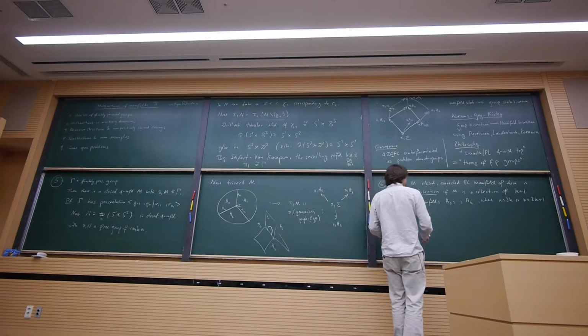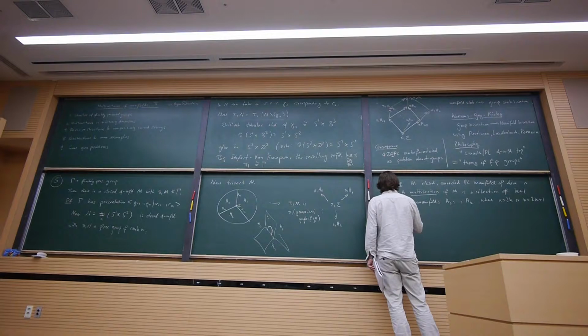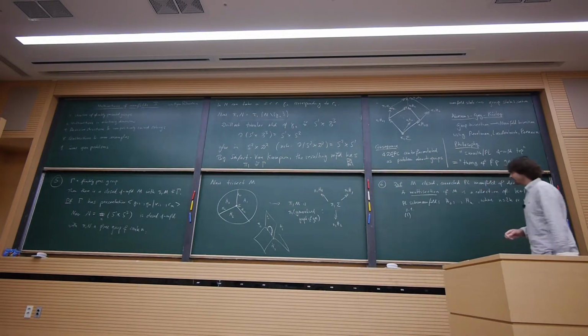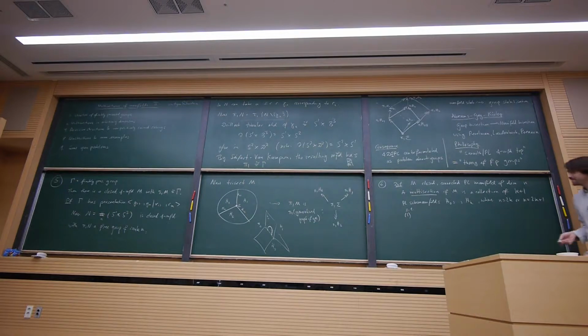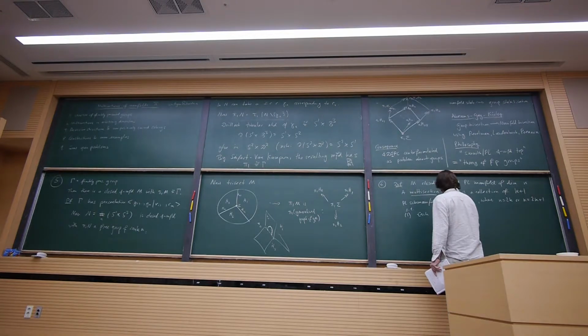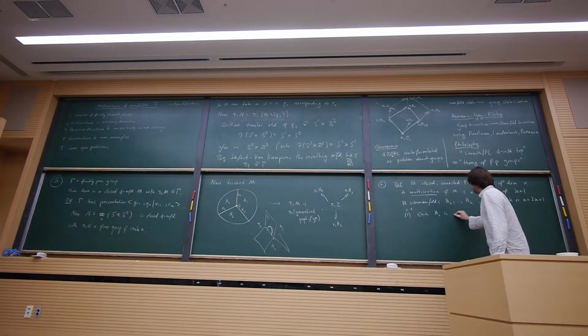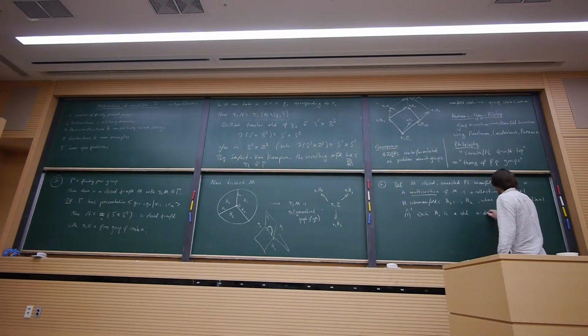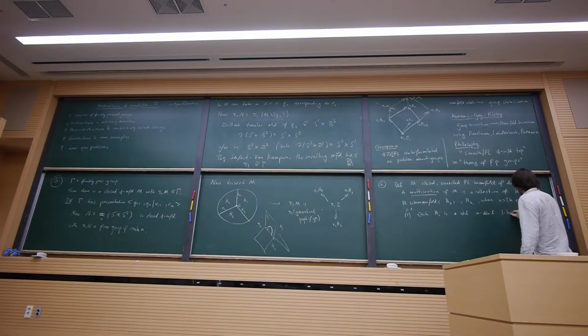Okay, such that, of course, the first condition is we want these guys to be handlebodies. Yeah, so each Hi is a standard n-dimensional 1-handlebody.